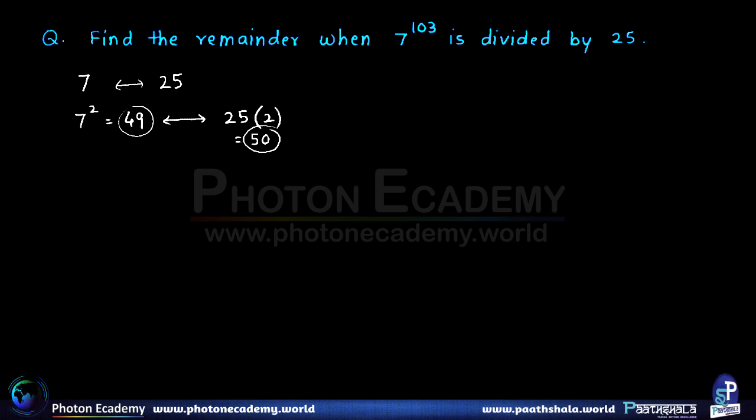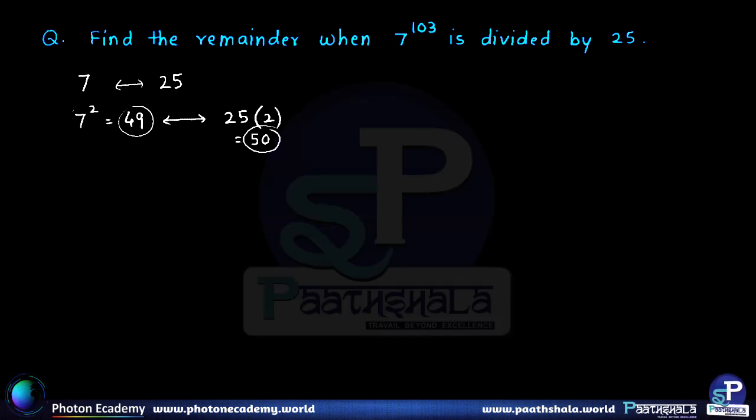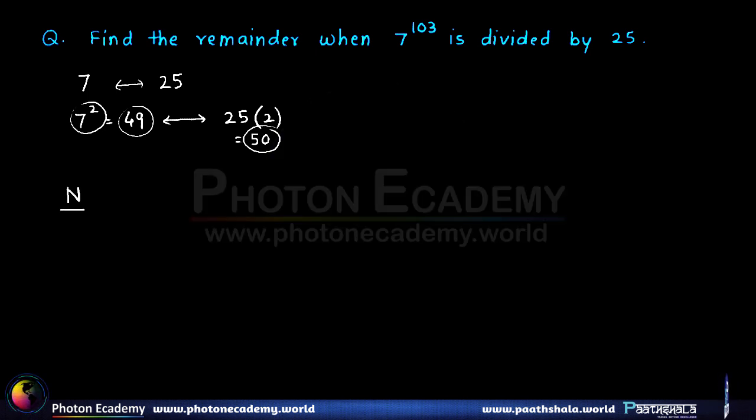Therefore we make use of the second power of 7, which is 49. We'll have to do a little bit of adjustment in the given number, so let us see how we can find the remainder. On a side note, whenever we have some number divided by a divisor, we can write that as some quotient plus the remainder upon the divisor.